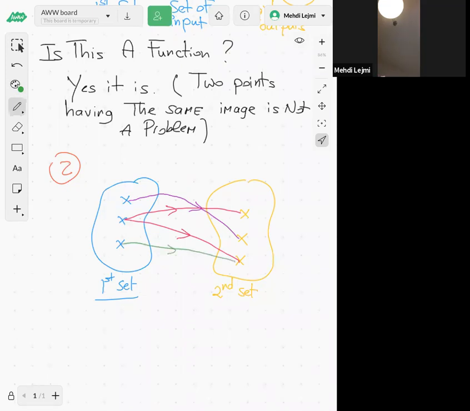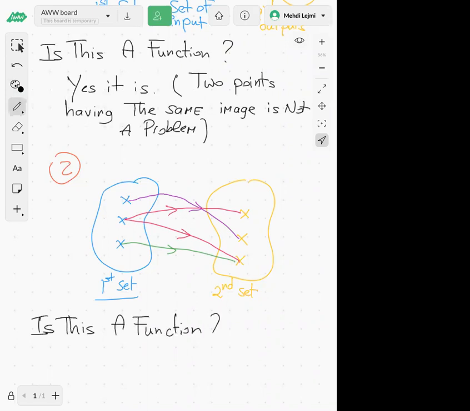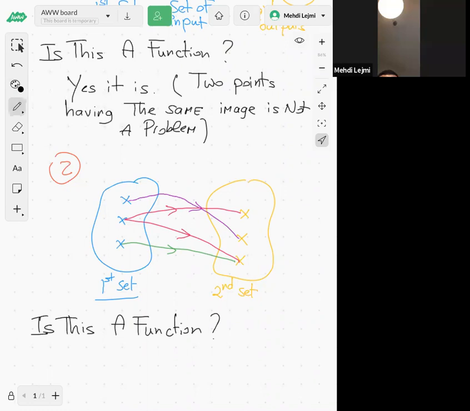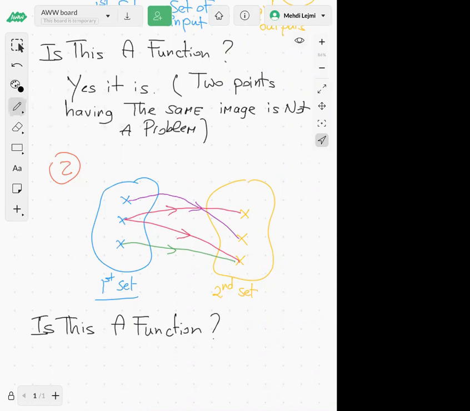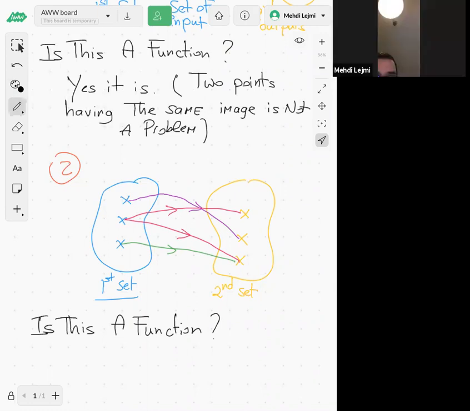Okay, guys. Now the question is, is this a function? No. Absolutely, it's not a function. What would be the reason? Because the second input has 2 outputs. Yes, exactly.